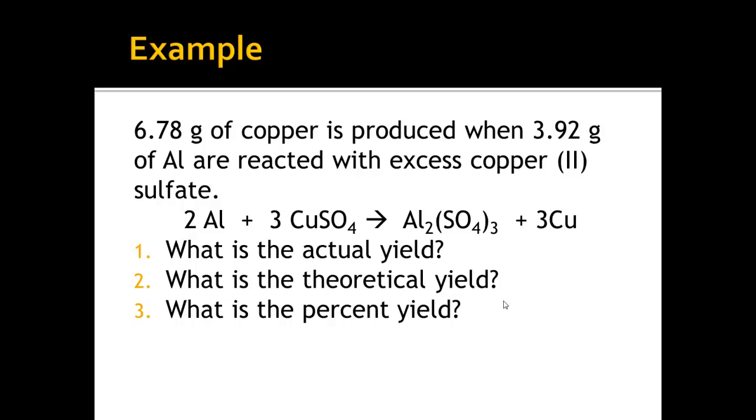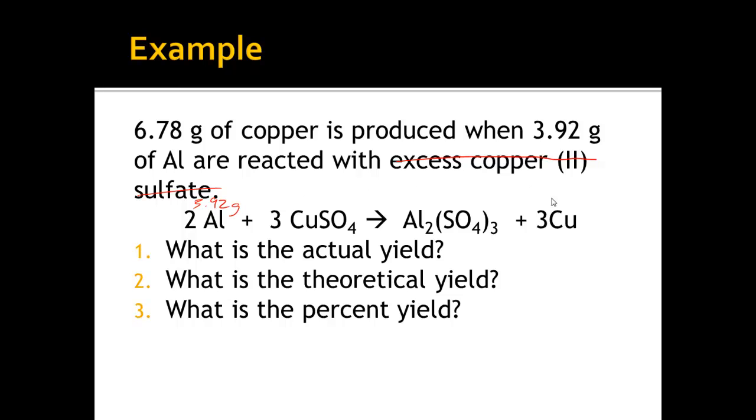So here's the example we're going to work. 6.78 grams of copper is produced when 3.92 grams of aluminum are reacted with excess copper II sulfate. So if you've already watched the limiting reactant one, we know this is an excess. I'm not worried about it. Okay. And I am starting with 3.92 grams of aluminum.